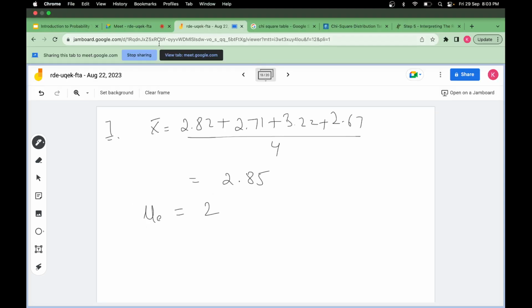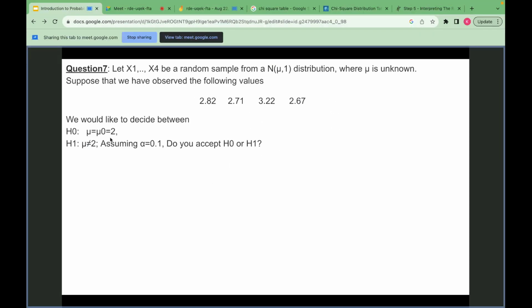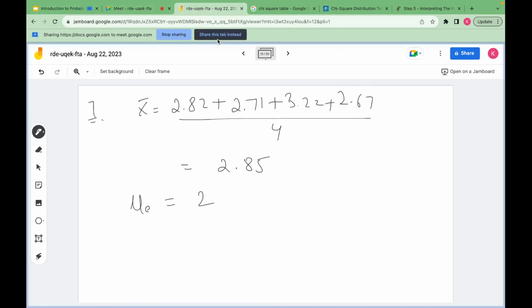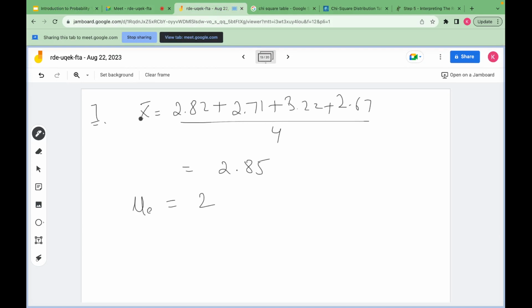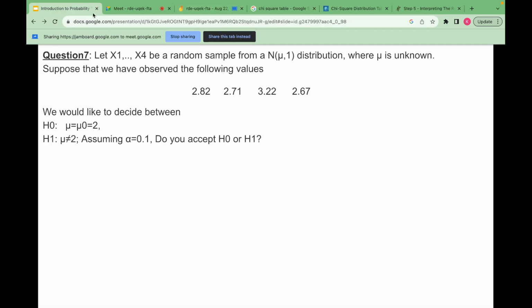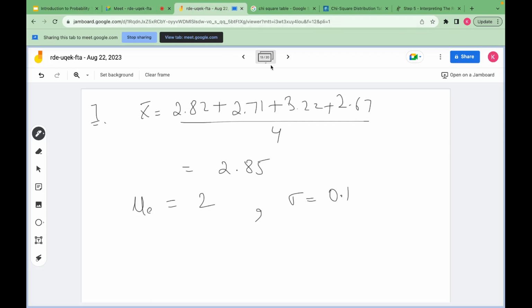In the question we are claiming that mu is equal to mu naught, equal to 2. The sample mean is given as 2.85, alpha is given as 0.1, and n is equal to 4.